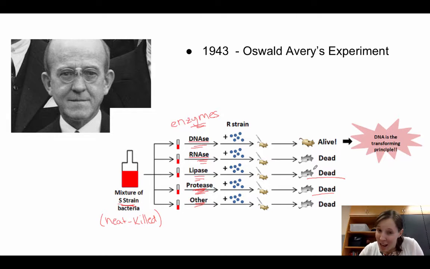When the RNA was destroyed, the bacteria still transformed and the mouse died. But when the DNA was destroyed, the bacteria were not able to transform and the mouse lived, which suggests that DNA is what was transforming these bacteria, which was really one of the first, most definitive studies to suggest that DNA is the genetic material.